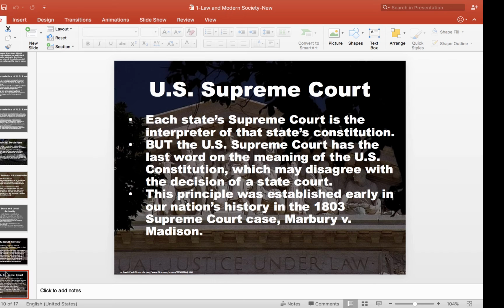It happened that President John Adams had appointed a number of cronies, shall we say, to various posts just before Thomas Jefferson took over as president, and James Madison, who was in the Jefferson administration, said, no, these people can't have their jobs.